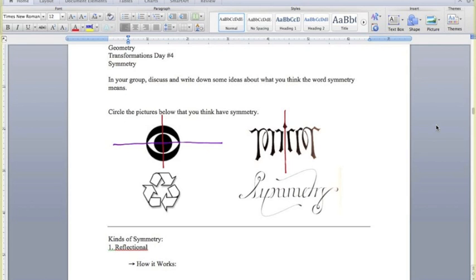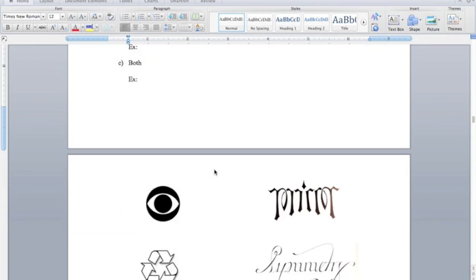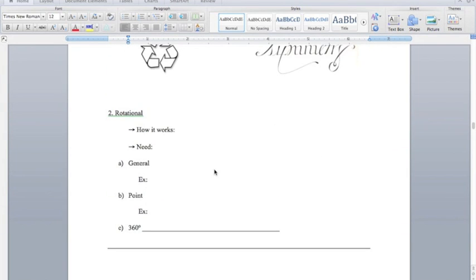The other kind of symmetry that we're going to talk about today is rotational symmetry. We talked about what a rotation is, and we said for a rotation we need a point and we do a turn or a twist. So we're going to turn around a point.